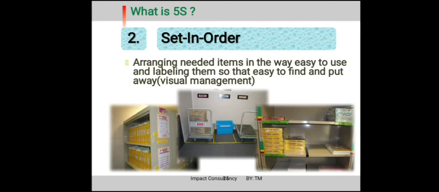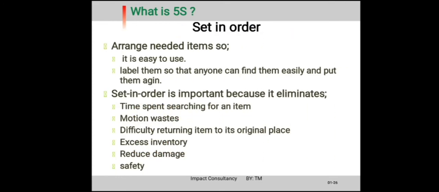Setting order means arranging needed items in a way that is easy to use and labeling them so that they are easy to find and put away. Visual management: easy to use and easy to keep back in their place. So in setting order, we arrange needed items so they are easy to use, and label them so that anyone can find them easily and put them back again.